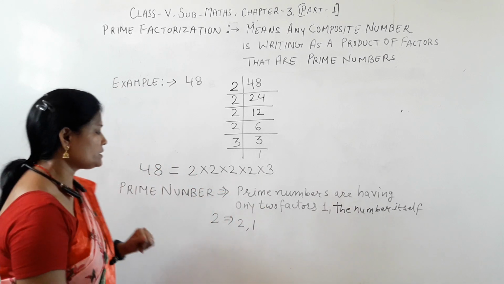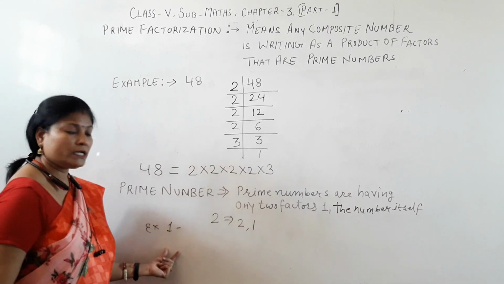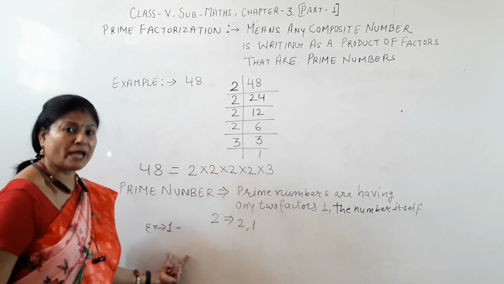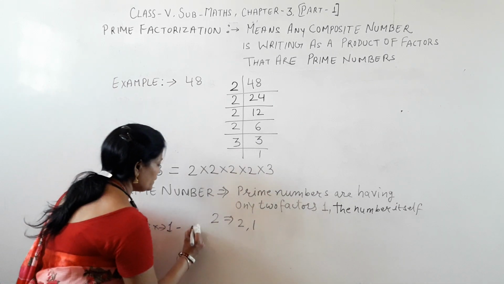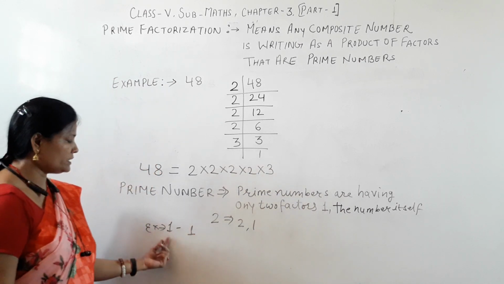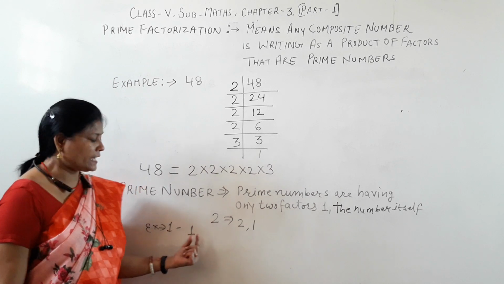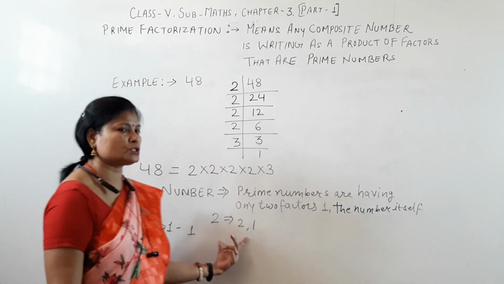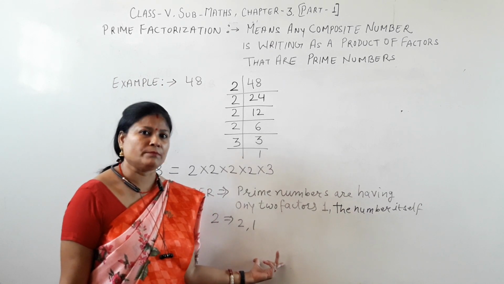See children, I have taken example 1. Tell me children, is 1 a prime number? No. 1 has only one factor because 1 is divided by 1. So 1 is not a prime number. Except 1, the remaining numbers that have two factors are known as prime numbers.